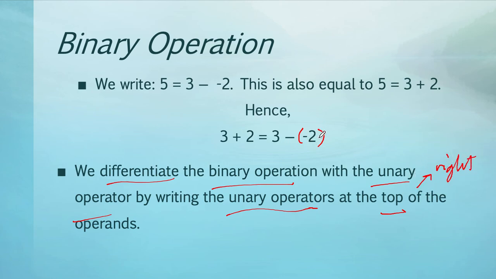Multiplying the negative sign and the minus sign gives us a positive, so this is equal to 3 plus 2. Negative times negative is positive.